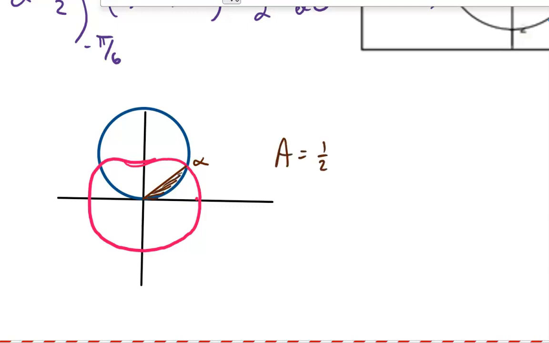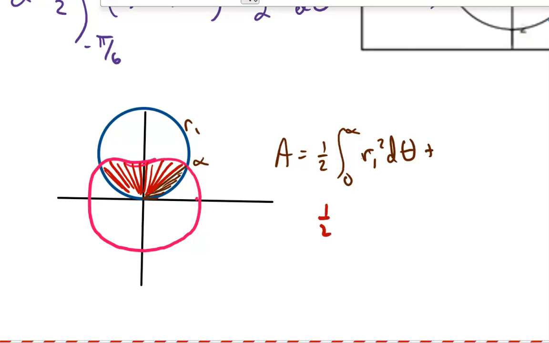So I would do 1/2 times the integral from 0 to alpha of the circle, we'll call that R1 squared d theta. But then I would add, now I'm integrating with the limaçon, 1/2 times the integral from alpha, oh, I guess I could stop at pi over 2, can't I? Yeah. To pi over 2 of R2 squared d theta, and that's going to get me my total area.